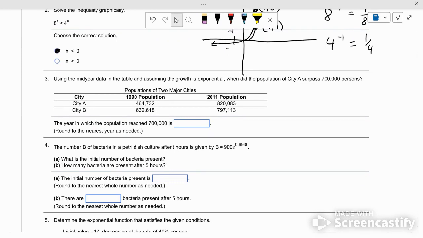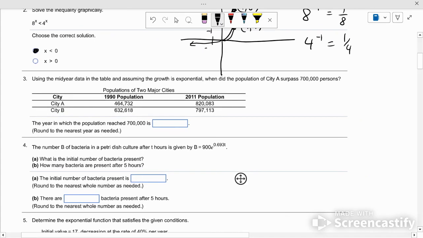Here we go. Okay. Now, this one's kind of dumb because you don't need any of this right here. We're just worried about city A. Using the mid-year data in the table, when did city A surpass 700,000 people? The year in which they reached 700,000 people.